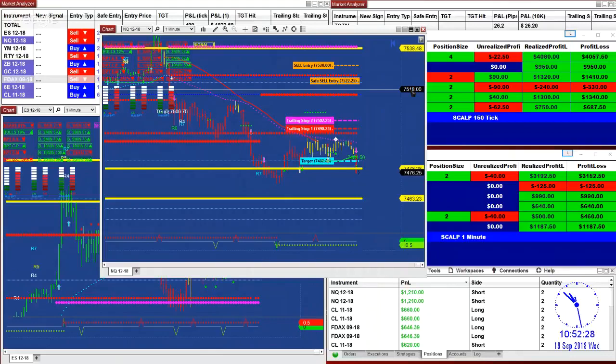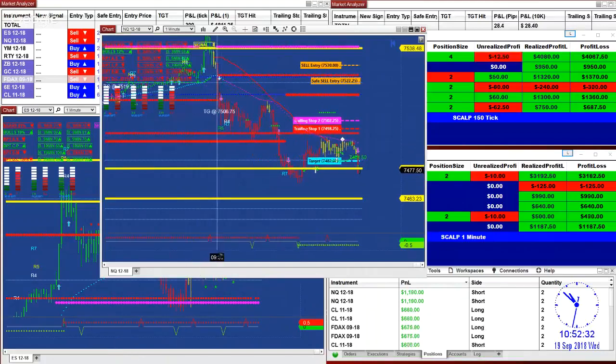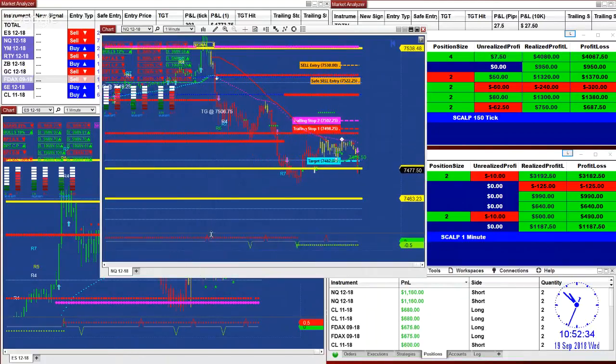And the spike is over on the Nasdaq for today. Normally, the market spikes once a day. Very rarely it spikes 2 times a day. And we had a very nice start at the beginning of the session where it made over $1,000 on 2 contracts, and it was a beautiful trend going down.